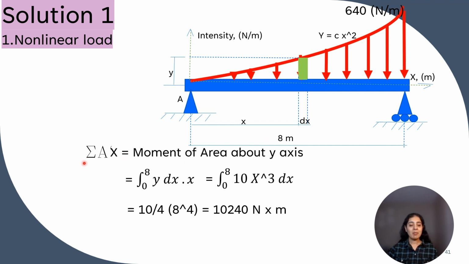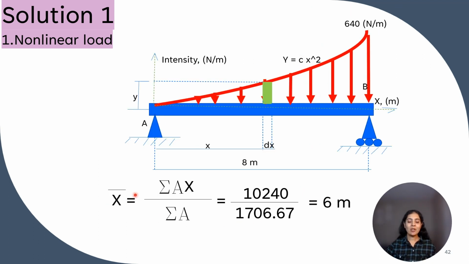So the summation of area into x, that is the moment of area about the y-axis, is the integration of y dx into x from the limits 0 to 8. After putting the value of y and integrating, we get summation of Ax is equal to 10240 Newton meter.